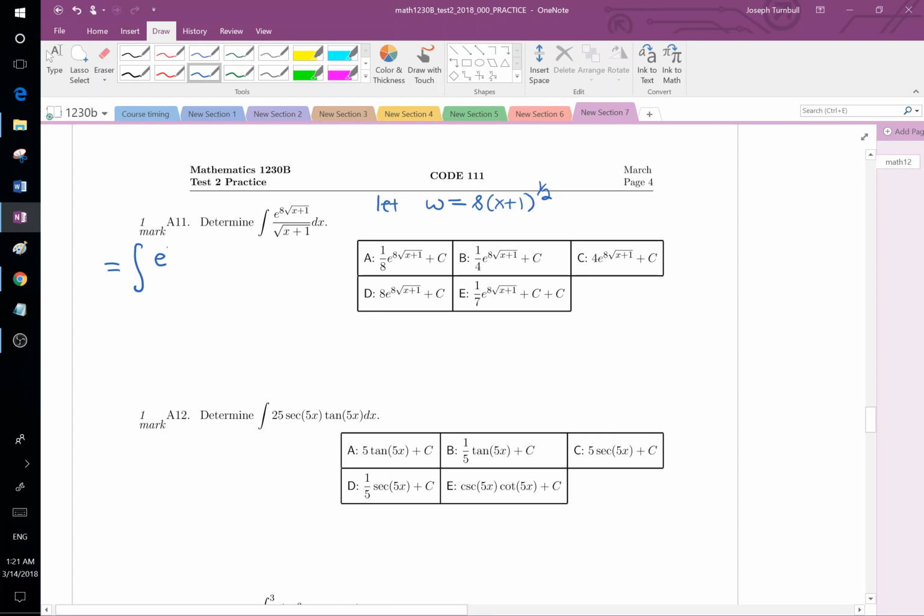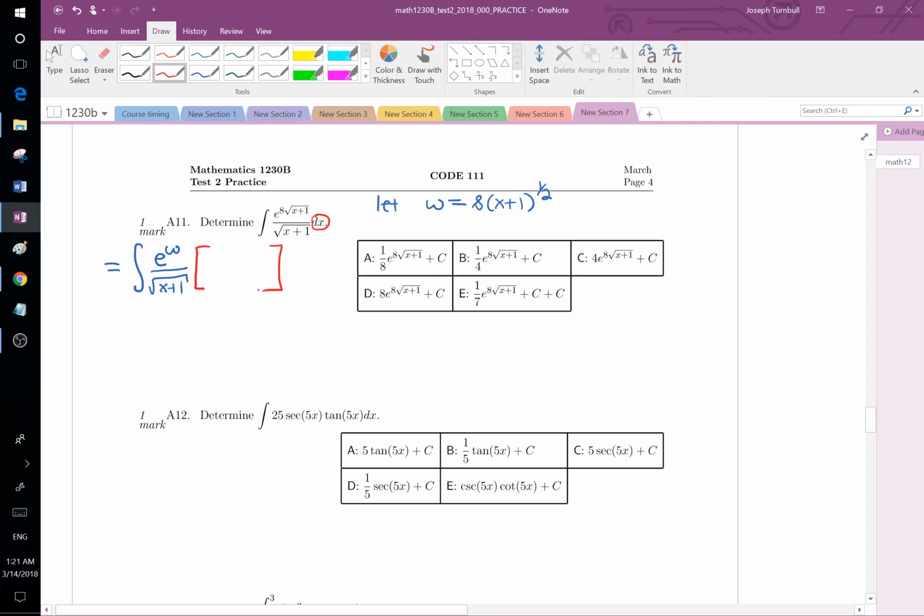We have e to the w over the square root of x plus 1. Now we have a problem. We have a dx that is not in terms of the variable w. Here's another variation between the way that some people do substitution. Sometimes in some classes you don't substitute dx the way that I'm about to show you.